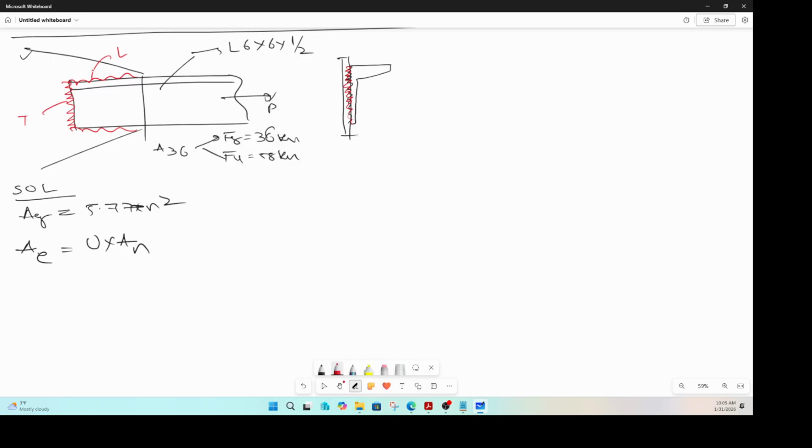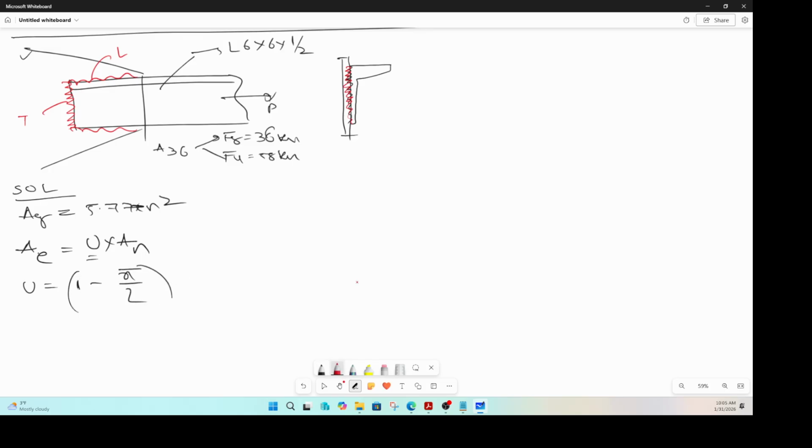If you were to only have transverse welds, then U is 1, as we discussed, and we consider the area of just one leg, the connected element. But in this case, both the longitudinal and transverse welds are connected, so you need to find your U factor. You know that U is 1 minus x bar by L, right?